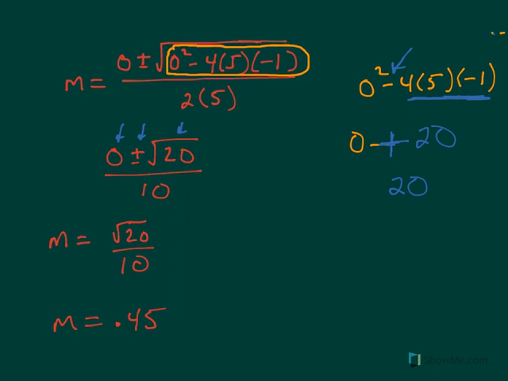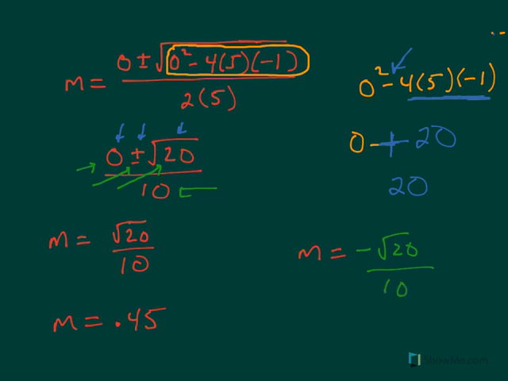And the next one is going to be 0 minus the square root of 20. So 0 minus the square root of 20 would be minus square root of 20, all divided by the 10. And work that on a calculator.